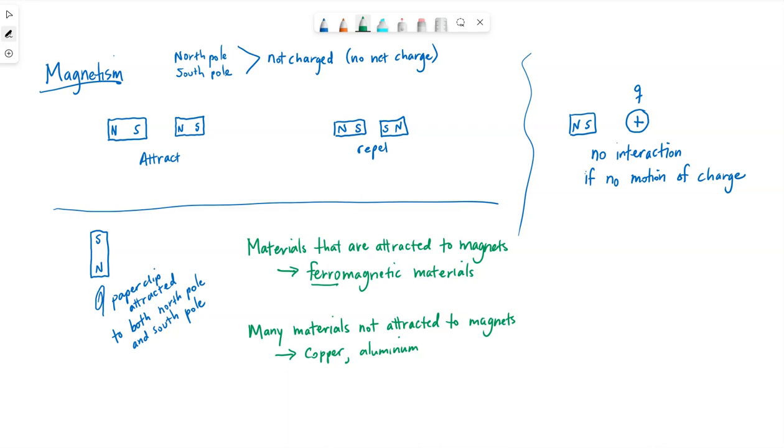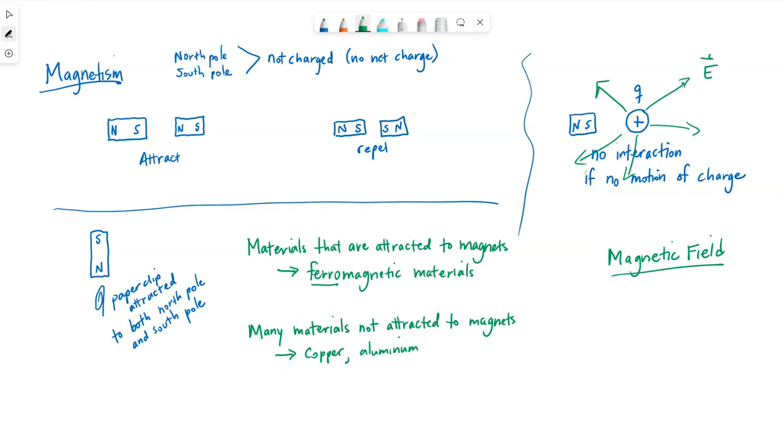Now, I want to show you a little video clip to see how we would represent what is called a magnetic field around a magnet. Similar to a point charge, in our last section we were talking about the electric field.